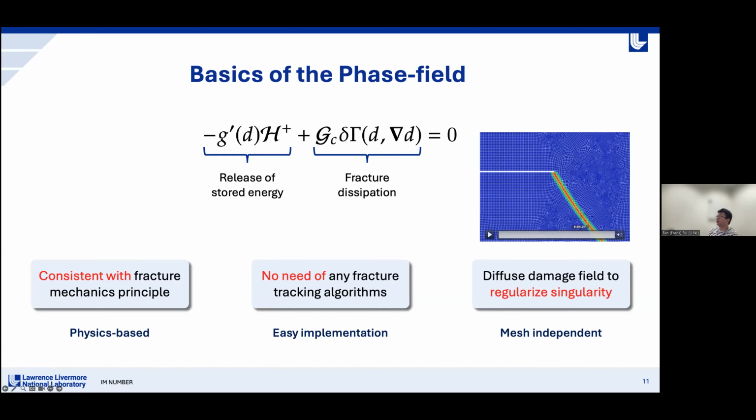And even using the Cartesian grid is okay, as long as we have sufficient resolution within this diffuse region. So that's why, as I mentioned, we can just use the standard finite element or finite volume discretization, and they can be sufficient to model the phase field. So it doesn't need any special treatment on the mesh.